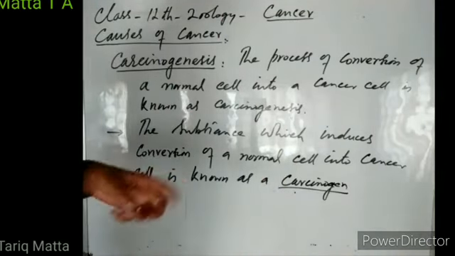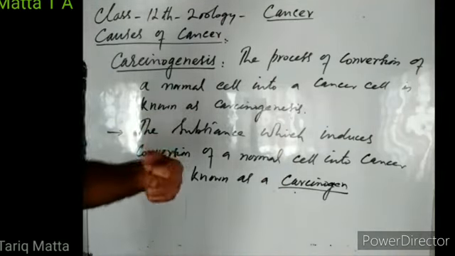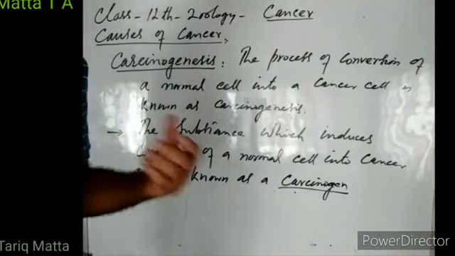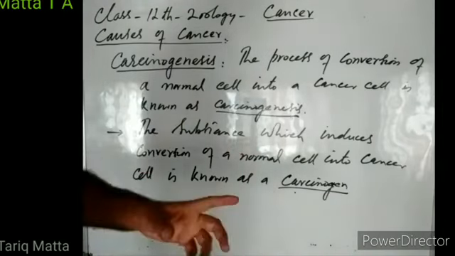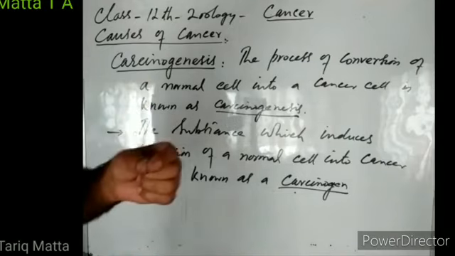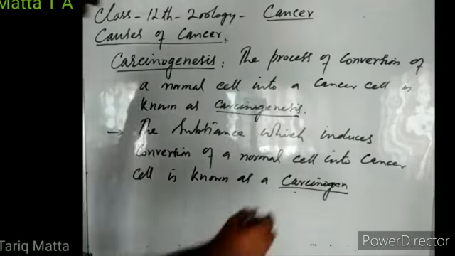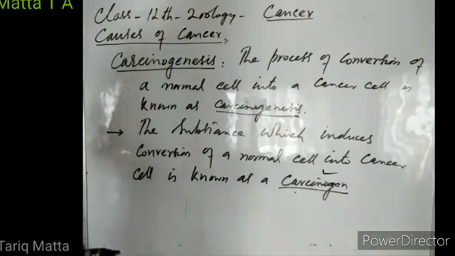So the process by which a normal cell is converted into a cancer cell, that process is known as carcinogenesis. This carcinogenesis is brought about by some substances, and those substances which convert a normal cell into a cancer cell are known as carcinogens. So there are different types of carcinogens.